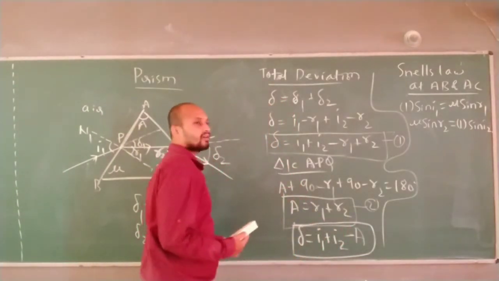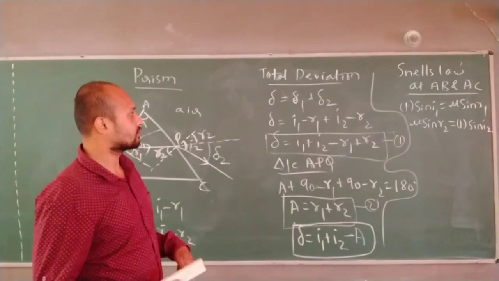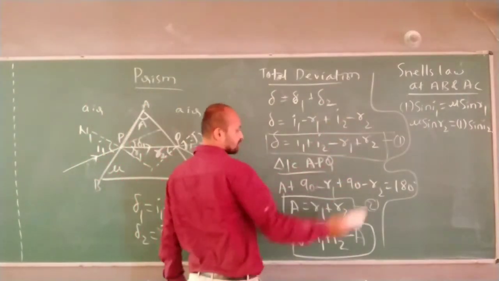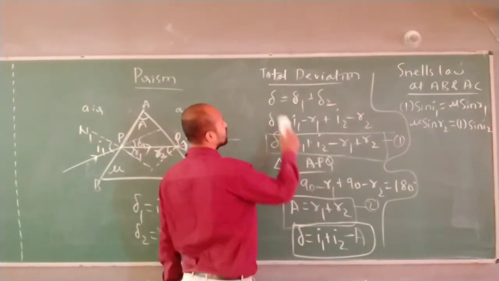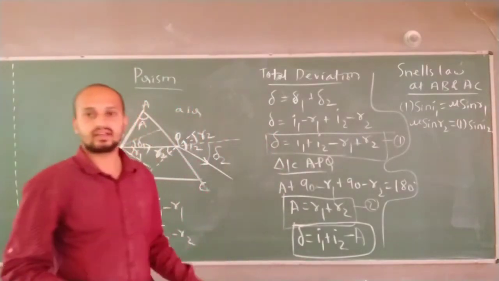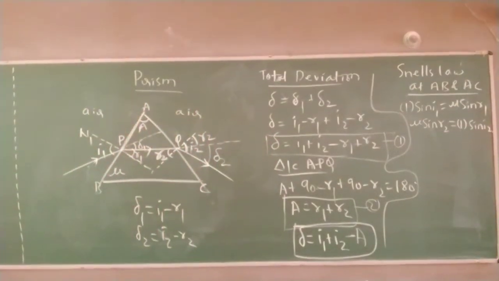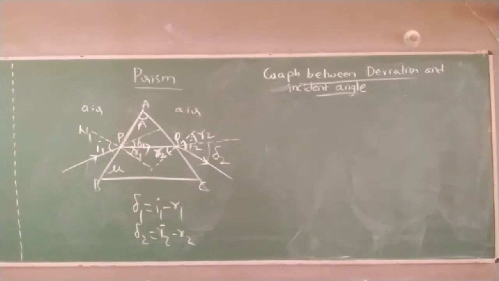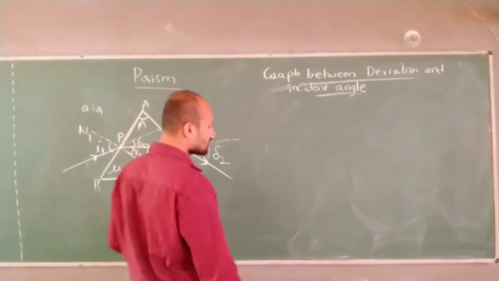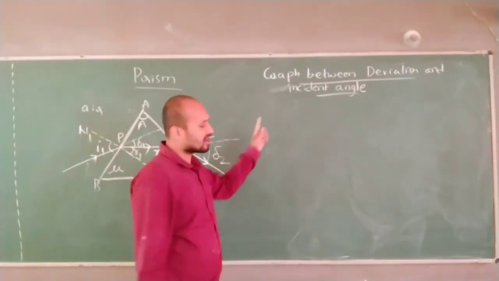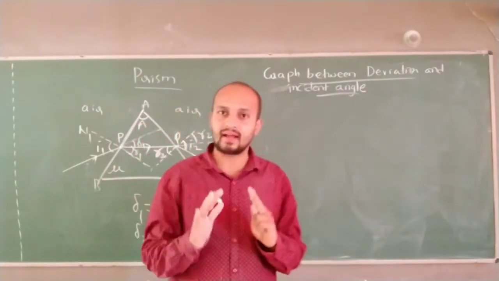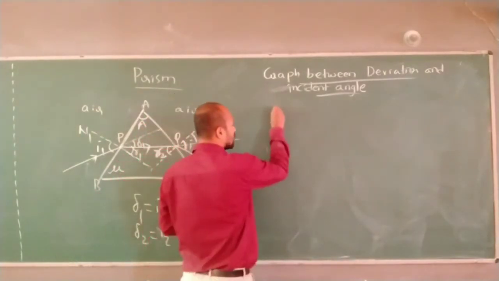So I will take one graph here. For the concept of minimum deviation, I will take one graph. Or I will wait. I will rub this and write it down better. See here, I will draw one graph. This graph has to be there in your mind compulsorily. Got it now?